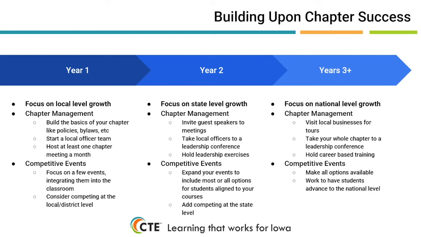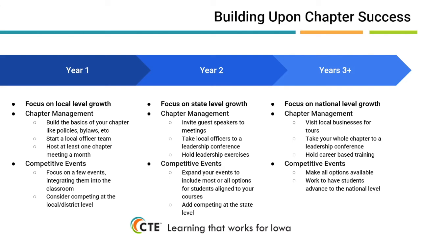Year three and beyond focuses on national level growth. This is where you may begin visiting local businesses, taking your entire chapter to leadership programs that are offered in the fall and the spring, and beginning career-based training that aligns to your course offerings.